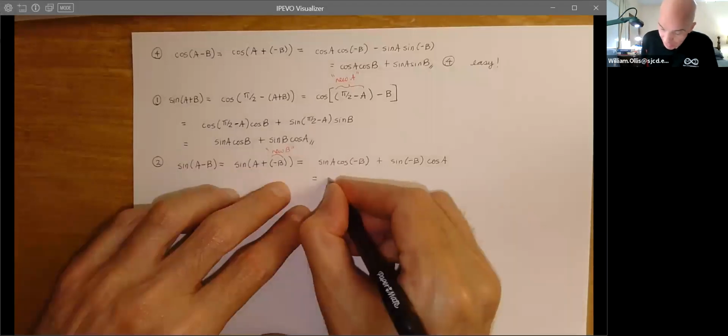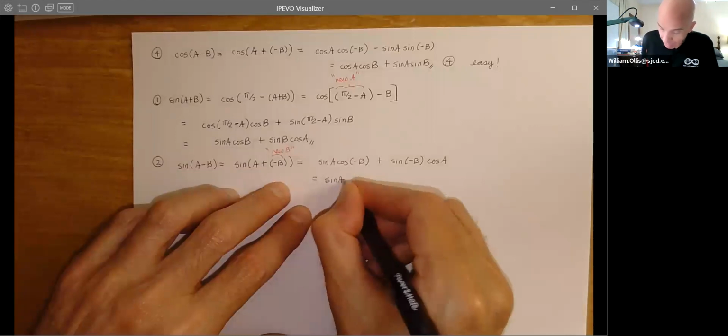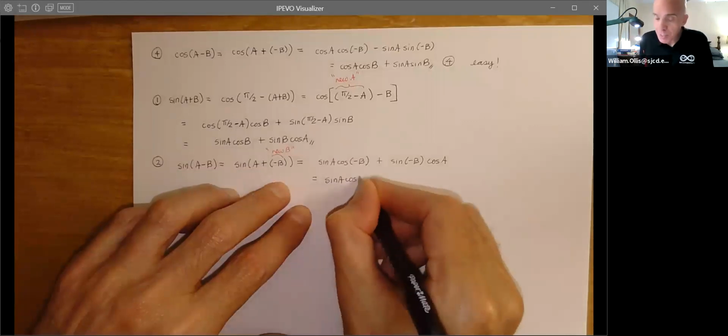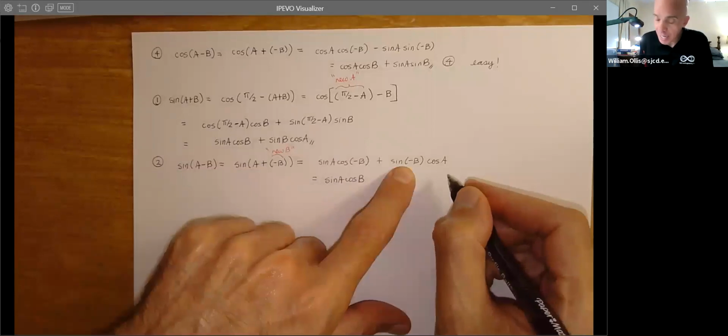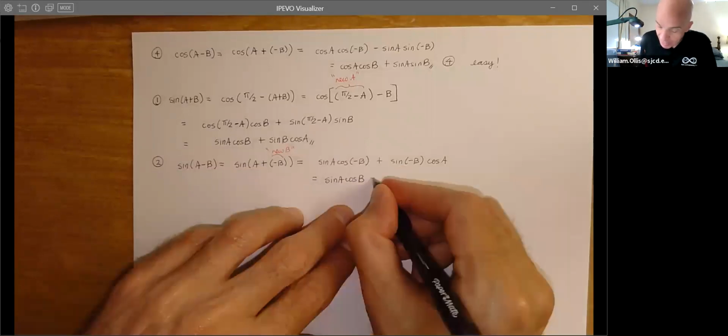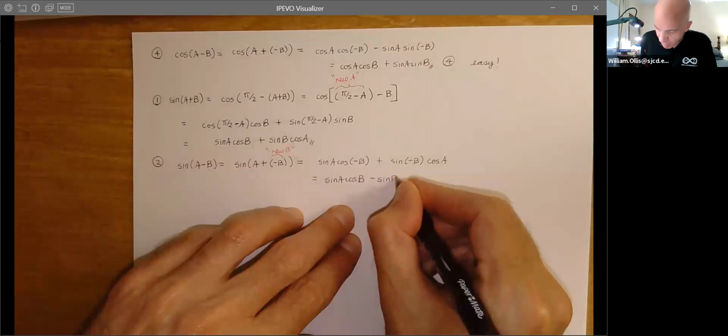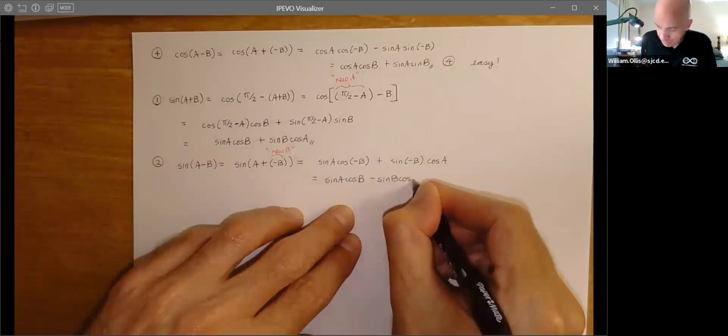So we have sine A cosine B. But now, of course, the sine function is odd, so the negative factors. So we get minus sine B cosine A, and we're done.